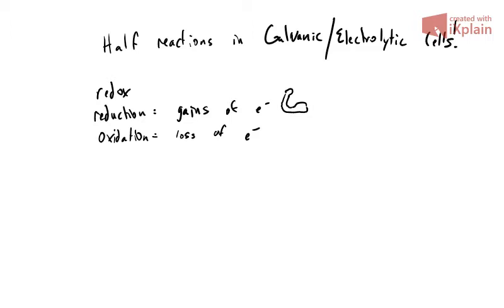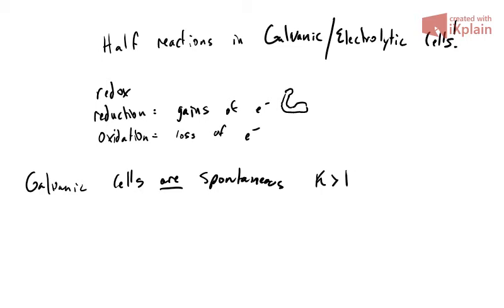Okay, so let's say in a galvanic cell, we already know galvanic cells are spontaneous, meaning that they have a K above 1 and their delta G is less than 0.